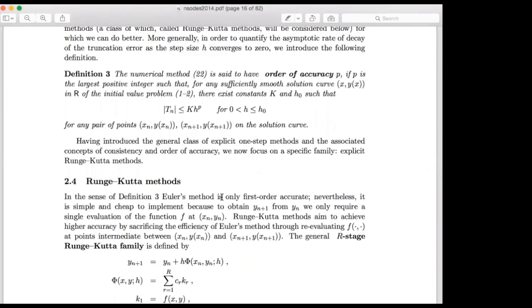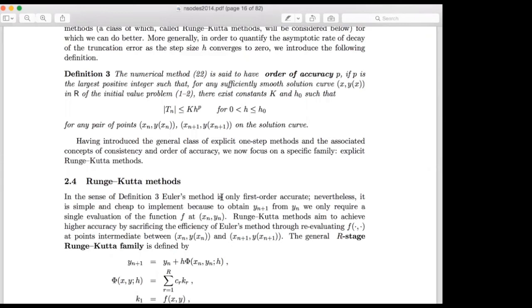So we want to increase the accuracy of the method. We wish to approximate the function by a higher degree polynomial rather than the straight line. Am I right? And for that, what do we require?